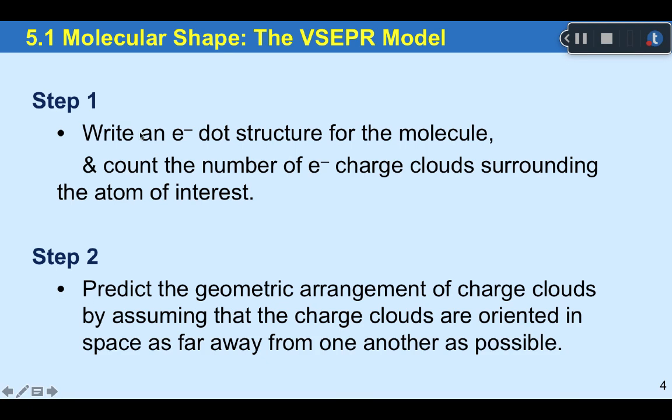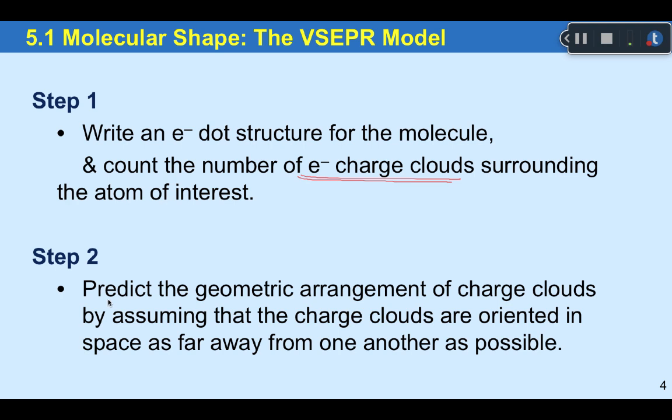Step one of working to explain molecular shapes using VSEPR is exactly that: to write the electron dot structure for the molecule, and then you count the number of electron charge clouds surrounding the atom of interest, remembering that an atom that is bonded to another atom is one charge cloud, as is a lone pair.